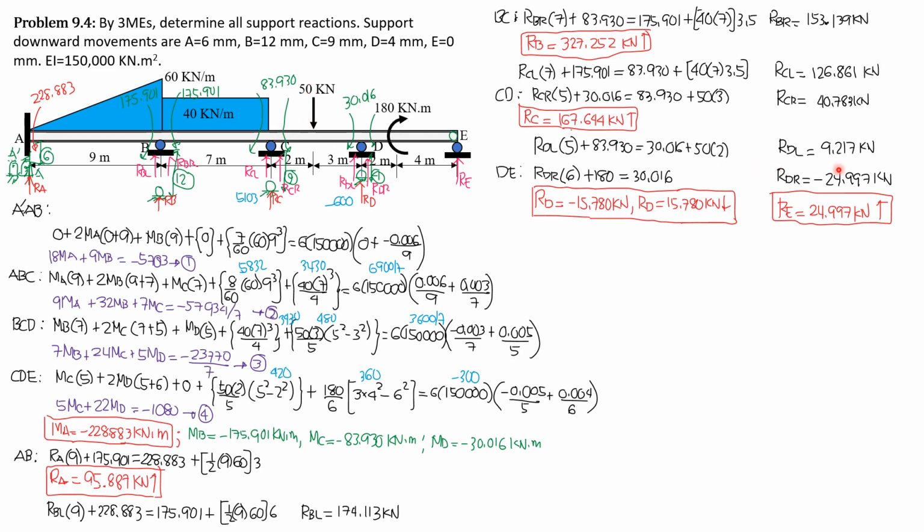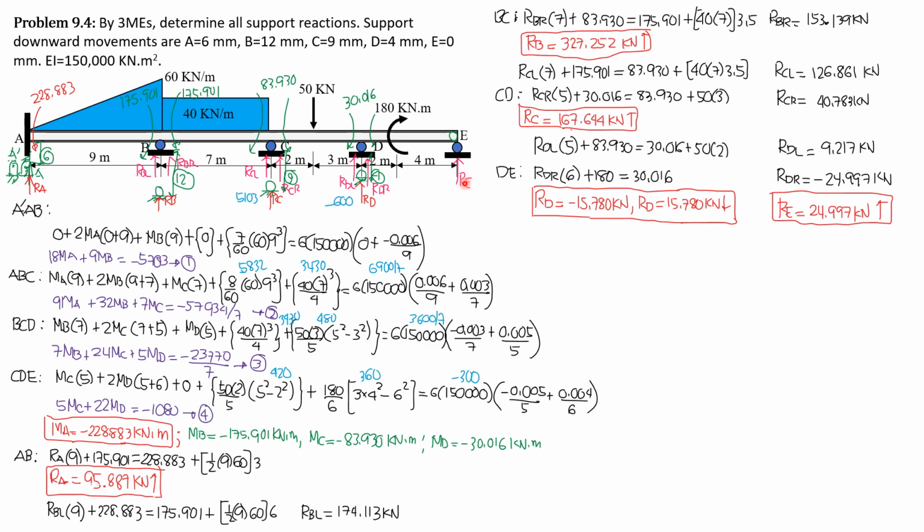So RD left is 9.217 kilonewtons. Then, considering DE, summation moment about E equals 0, RD right times 6 plus the load 180 equals 30.016. So RD right is negative 24.997 kilonewtons. So R sub D is RD left plus RD right, and it is negative 15.78 kilonewtons, or RD is 15.78 kilonewtons downward.